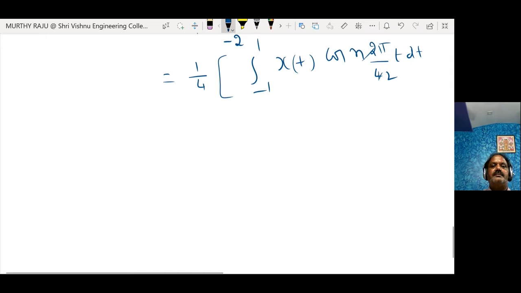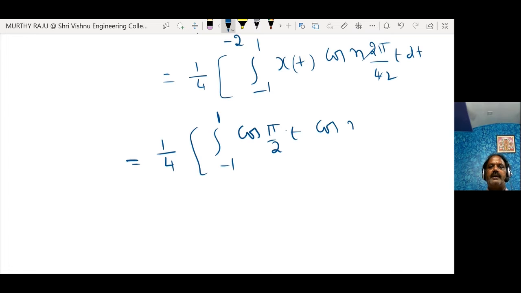That is equal to 1 by 4 integral from minus 1 to 1. X of t is cos pi by 2 t. So cos pi by 2 t cos n pi by 2 t dt.